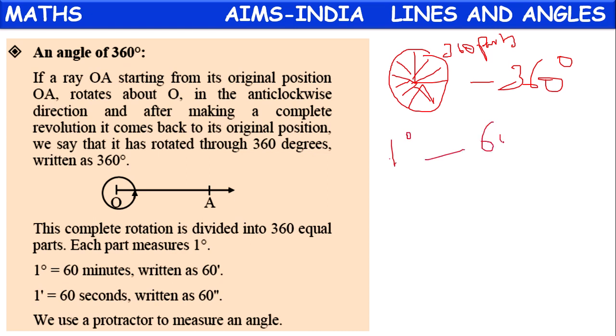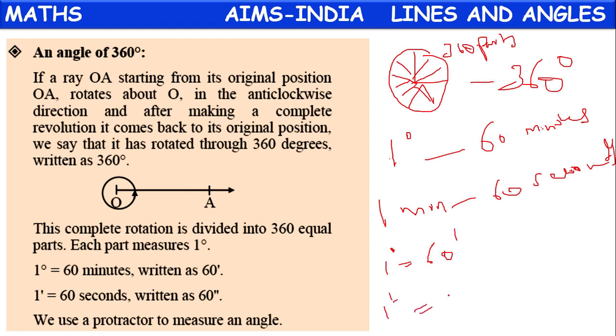So 1 degree, again 60 parts, is known as 60 minutes, and again 1 minute is divided into 60 parts, known as 60 seconds. So 1 degree equals 60 minutes, and 1 minute equals 60 seconds. So seconds are smaller than minutes. Minutes are smaller than degrees.